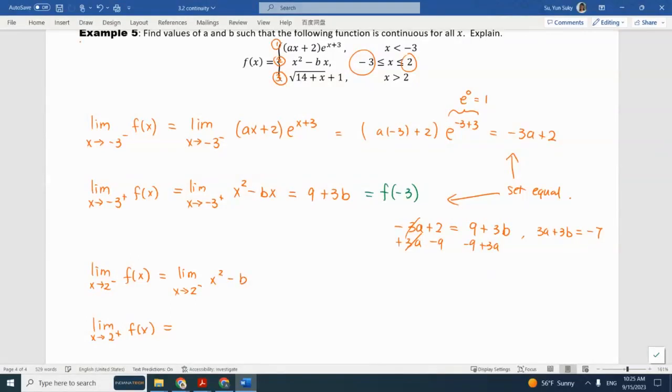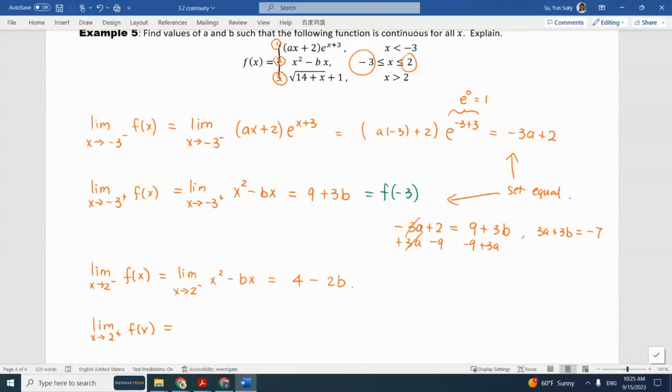X squared minus bx. If you plug in 2, what do you get? Yes, 4 minus 2b. Very good.